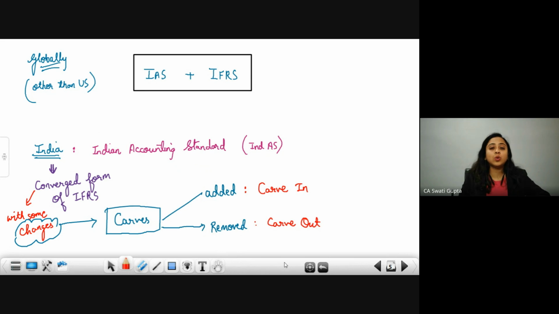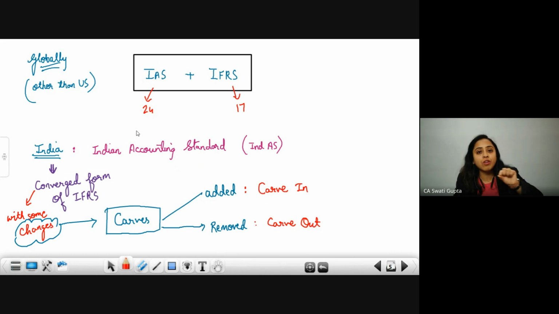So there are a total of 41 standards, but currently there are only 39 standards in applicability. There are 24 IAS and 17 IFRS. When you look at these numbers, you'll see that the series is not in the right sequence.